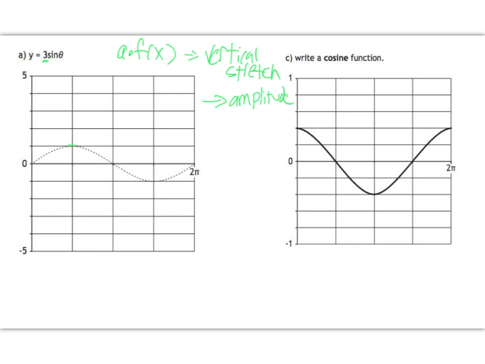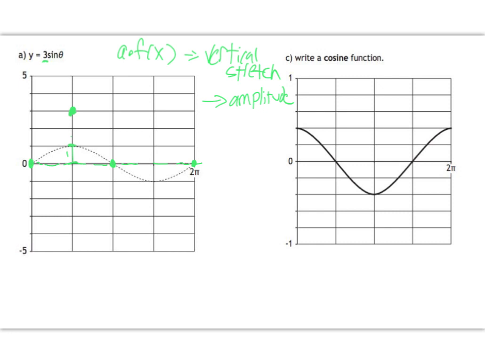So instead of going up 1 from our midline, now we're going to be going up 3 from our midline. This point would, instead of being at a height of 1, be at a height of 3. Zeros are unaffected by vertical stretches. When we're talking about vertical stretches, we're working with reference to the midline, and the midline here is at a height of 0.